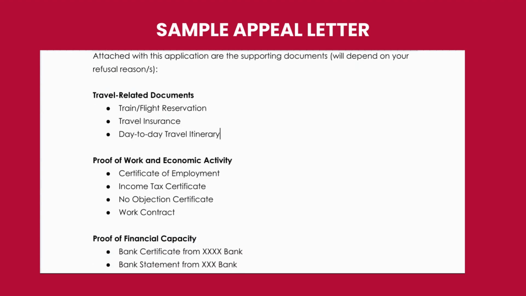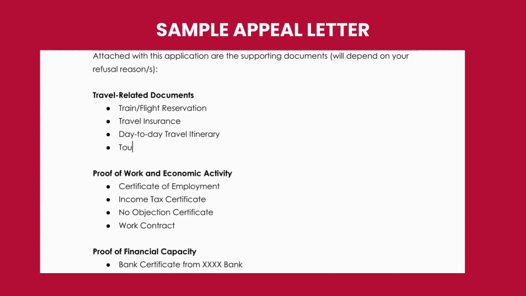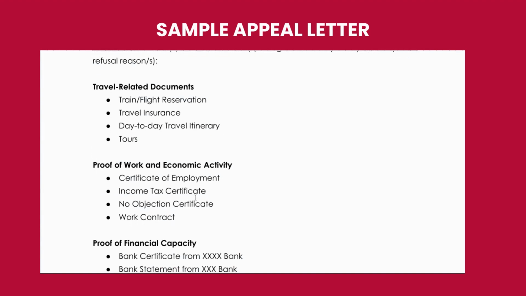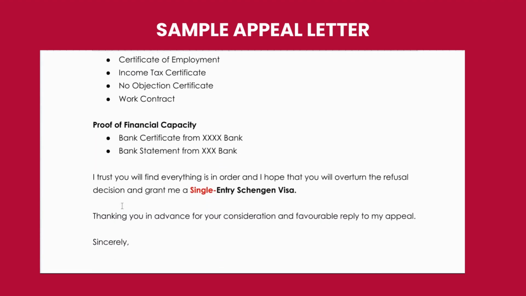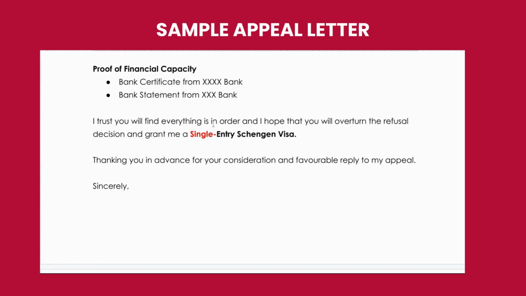So if, for example, you have booked tours with Get Your Guide, then attach a copy of the confirmation for the tour here. Then proof of work and economic activity, proof of financial capacity if the reason was based on lack of finance or insufficient financial capacity.